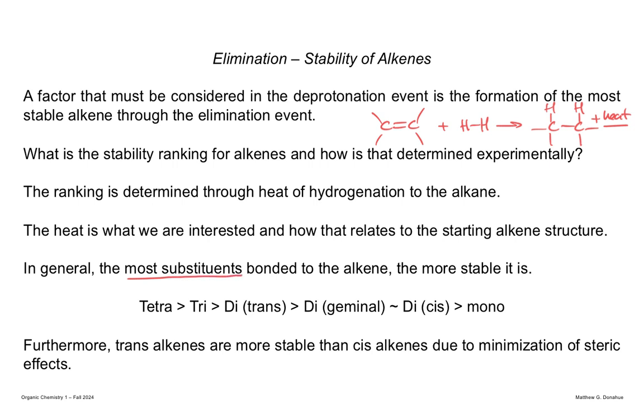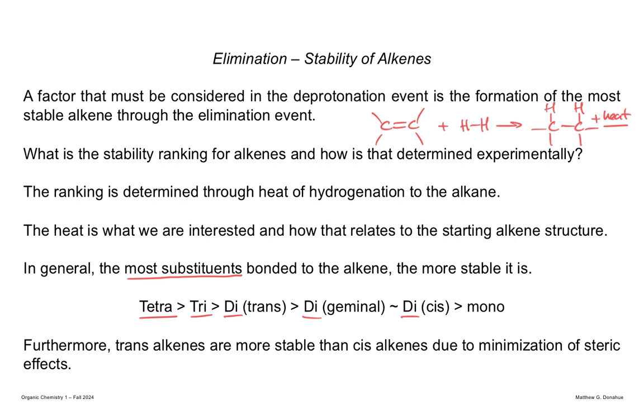And so you rank them according to the number of carbon substituents bonded to the sp2 hybridized carbons. So if there's 4 carbons, it's tetrasubstituted. 3, it's tri. So 2 is di, but now there's 3 scenarios.